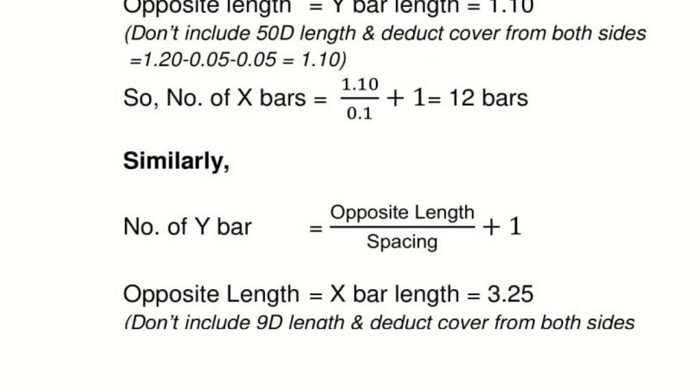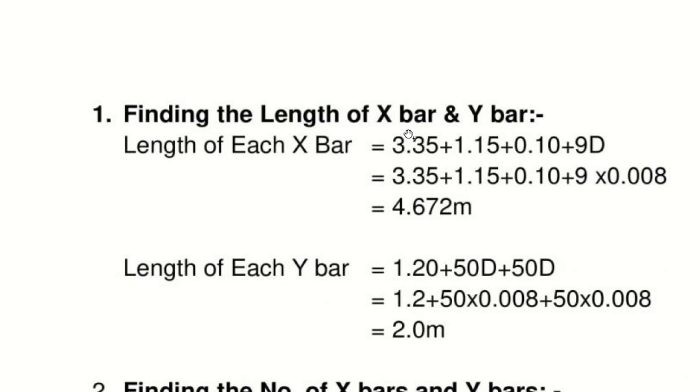You can add them all together because they are of the same dia. So 34 into 2 for the y bars, total length. For the x bars, we have 12 bars multiplied by 4.672. And then you can add them together. This will give you total length.